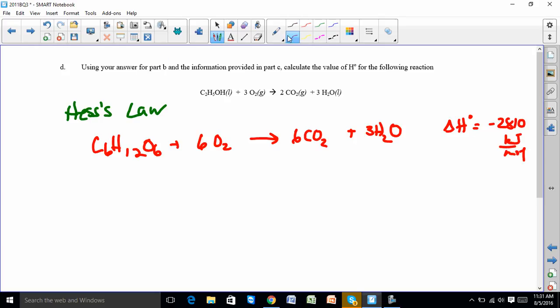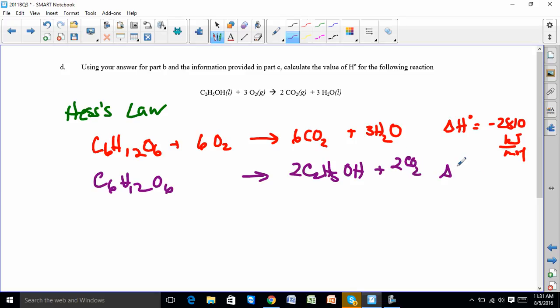Switching to purple, then we got C6H12O6. If there's not oxygen, then it does this reaction. And then delta H for that was negative 68 kilojoules per mole.